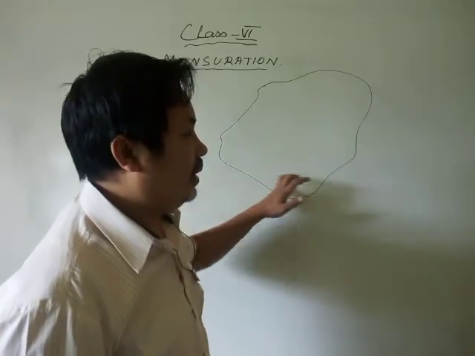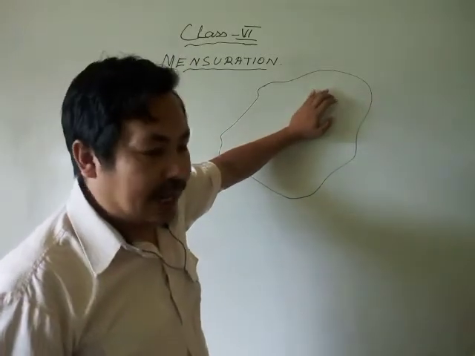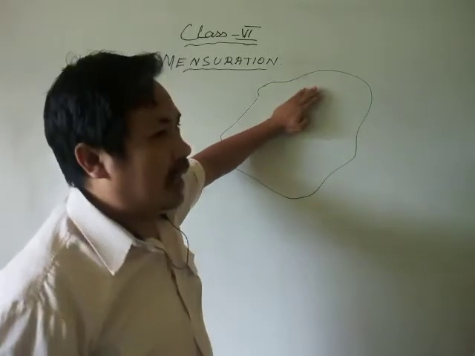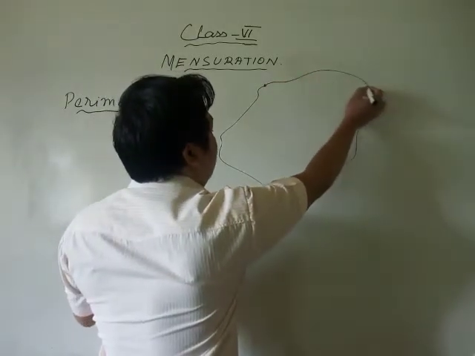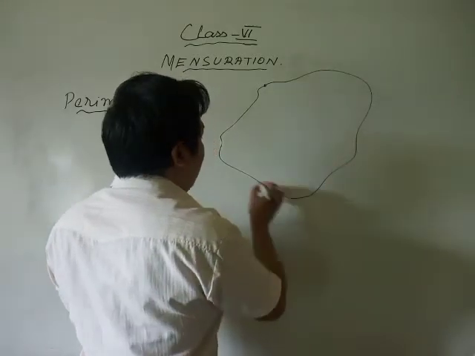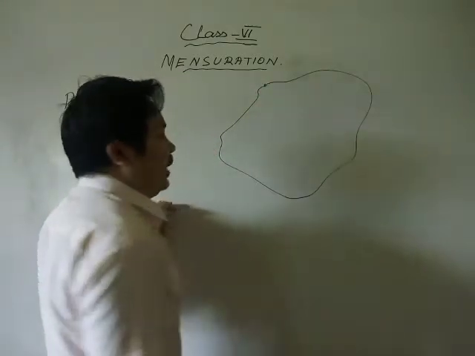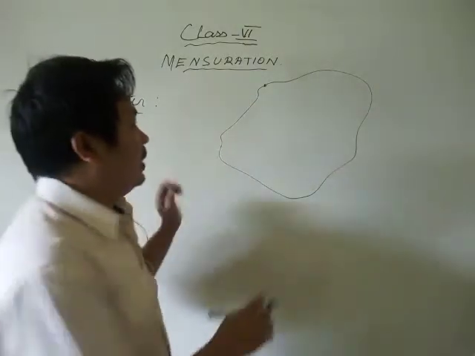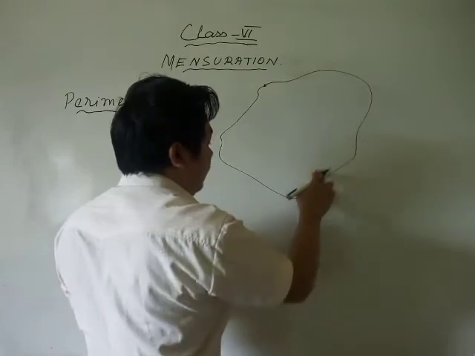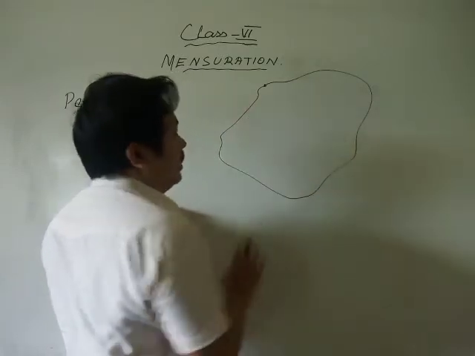The line you can see here is called its boundary line. This boundary line starts from a point, and you continue measuring and come to the same point again. That total length or total distance of the boundary is known as the perimeter.